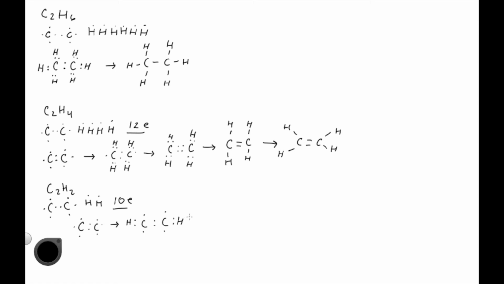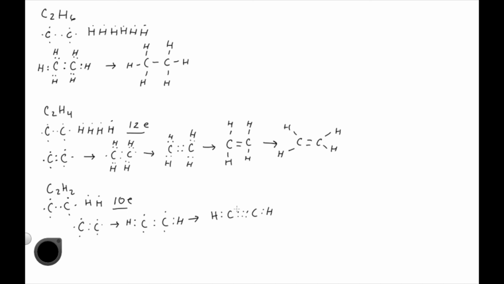So if we redraw our Lewis structure, we have 6 electrons being shared between the carbons. So the pairing of those 4 electrons will form an extra 2 bonds, giving us a total of 3 bonds or a triple bond.